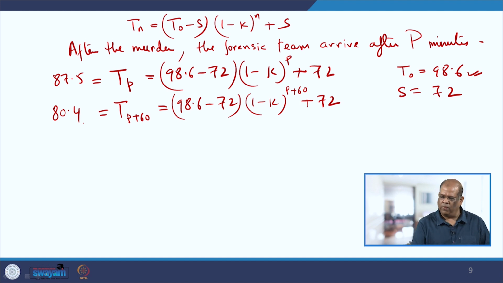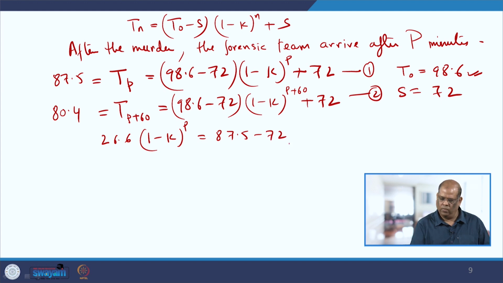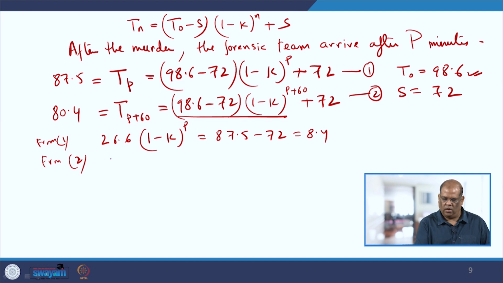So, from the first equation, what we will get is 26.6 into (1 minus k) to the power p is equal to 87.5 minus 72, which is 15.5. And from the second equation, you will get 26.6 (1 minus k) to the power p plus 60 is equal to 80.4 minus 72.